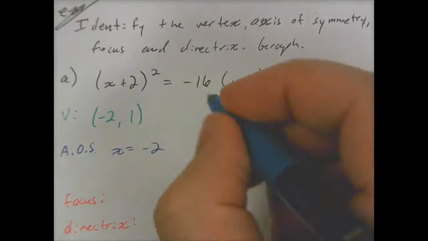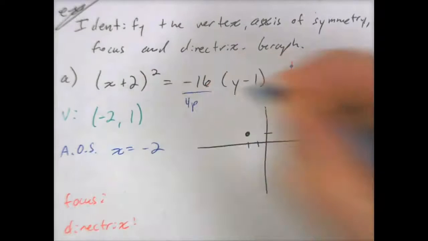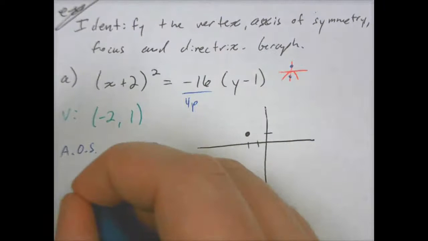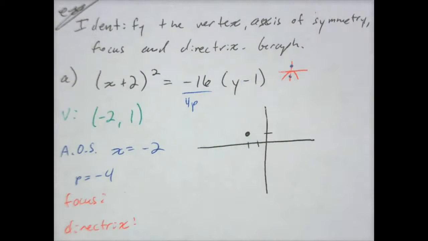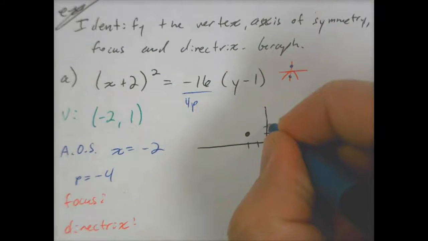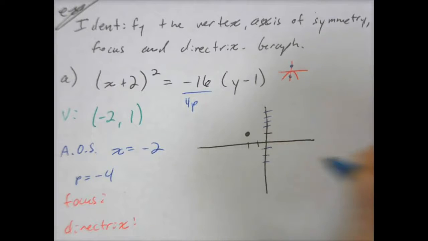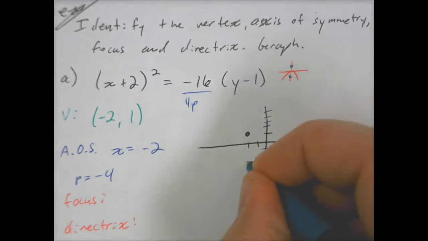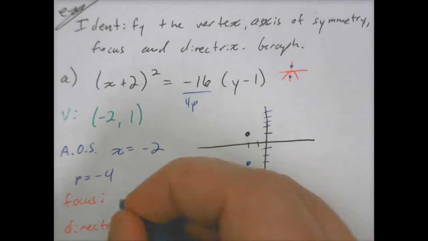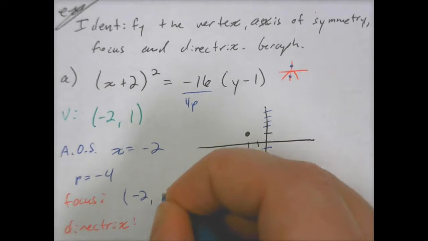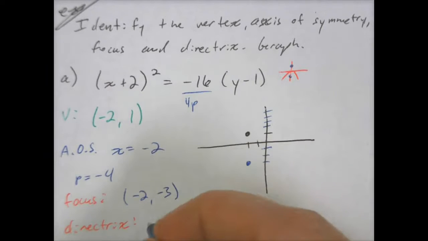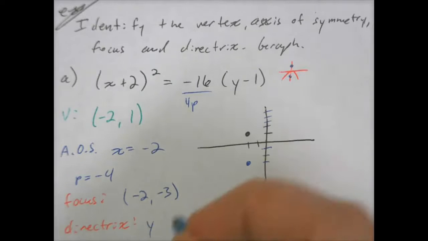So if I know that 4p is equal to negative 16, then p is equal to negative 4. So that tells me I'm going to go 1, 2, 3, 4 units, and 1, 2, 3, 4 units. Since it is opening down, there's my focus. So my focus should be negative 2, negative 3. And my directrix is the line y equals 5.